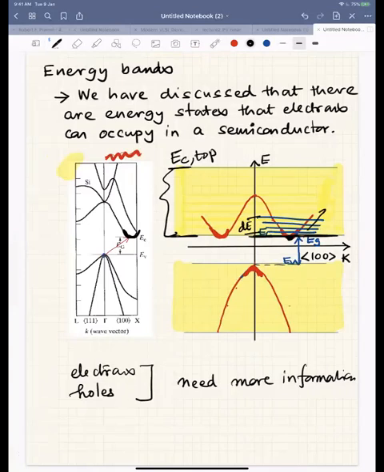That's why g will be 8 here. Again for gallium arsenide, the bottom of the conduction band is at k equal to 0, the center of the Brillouin zone, which we call the gamma valley. So in gallium arsenide your degeneracy factor is 1, because we have only one valley, at the gamma point.